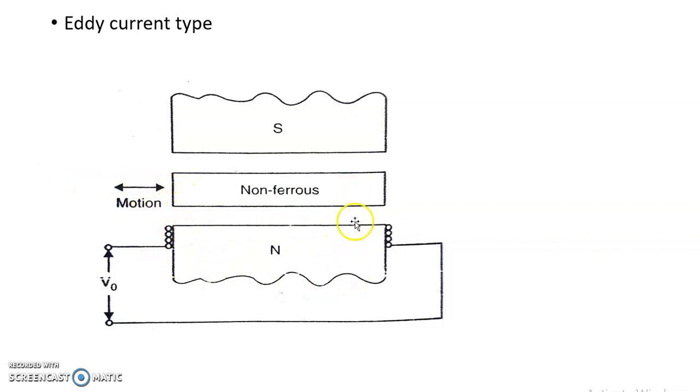Since this coil forms a closed circuit, we get voltage across the coil. Here also, as there is an increase in the velocity of movement of this non-ferrous material, the voltage induced across the coil increases. So here the displacement or velocity is measured in terms of the voltage developed across the coil.